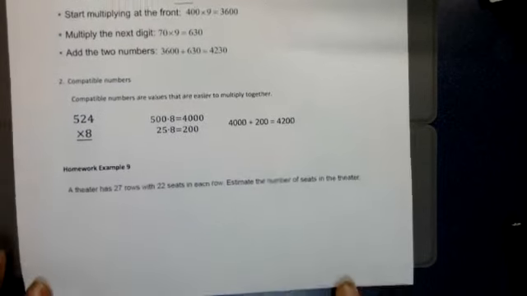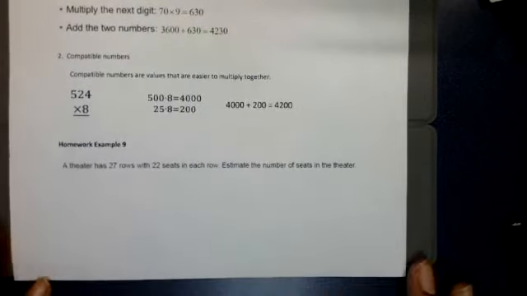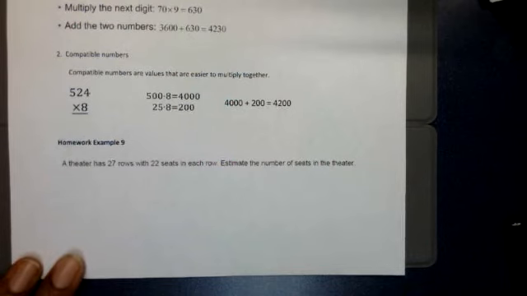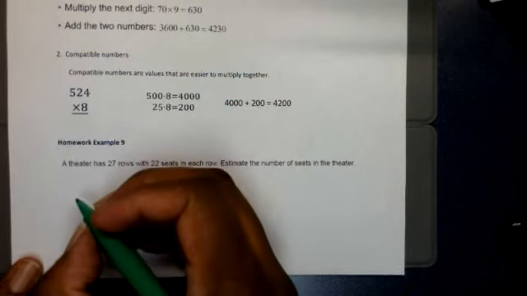So let's try this homework example. A theater has 27 rows with 22 seats in each row. Estimate the number of seats in the theater. 27 rows of 22 seats in each row, and we want to estimate the number of seats in that theater.